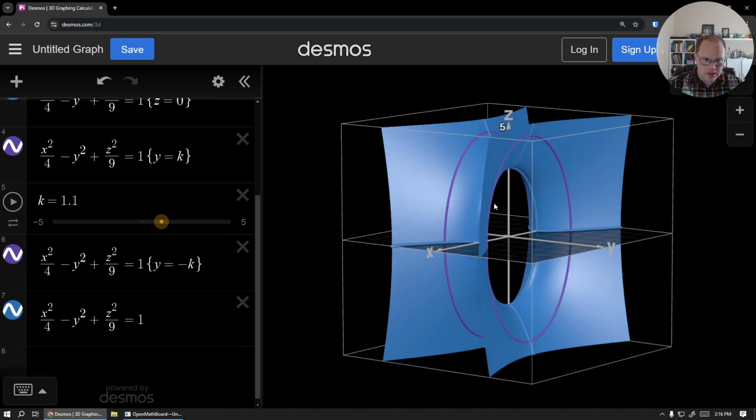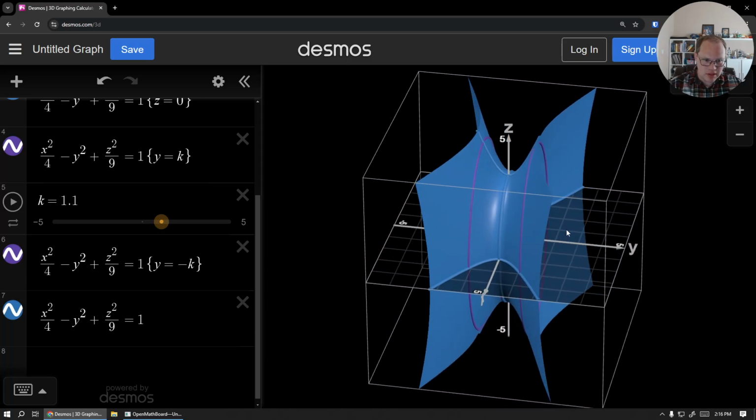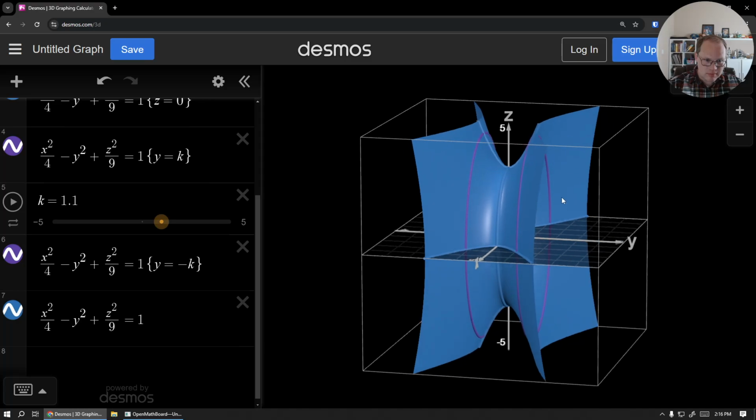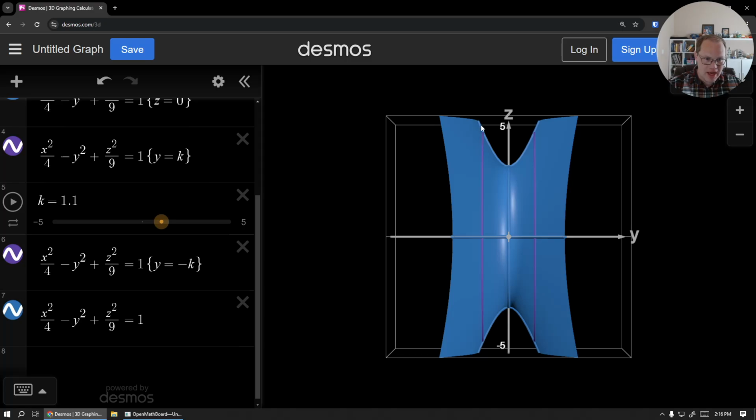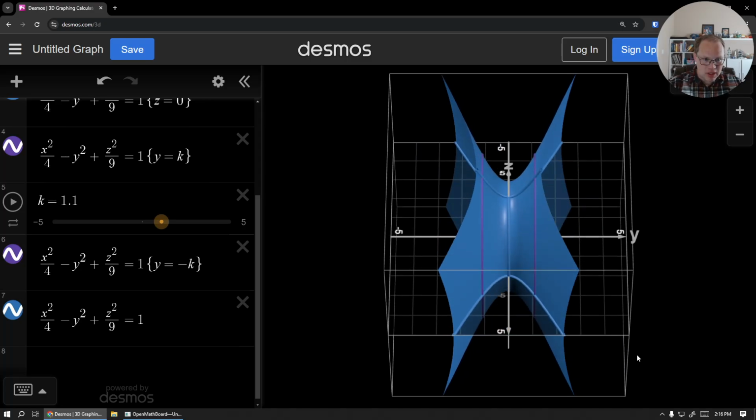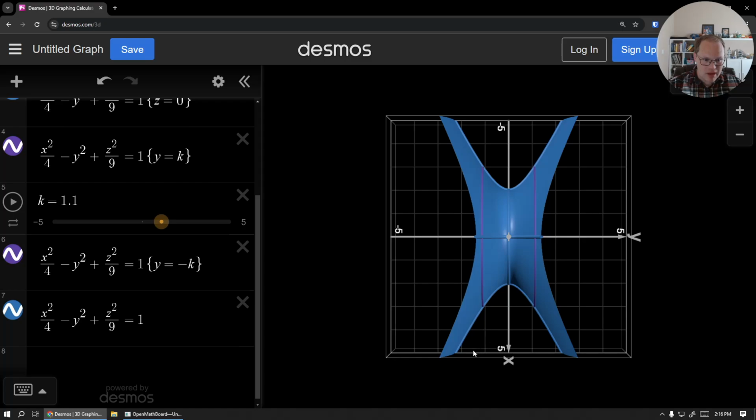Okay, there, you could see the hyperboloid of one sheet. Okay, notice, looking at it this way, I have that hyperbola, right, in the YZ plane. Looking this way, I have a hyperbola in the XZ plane.